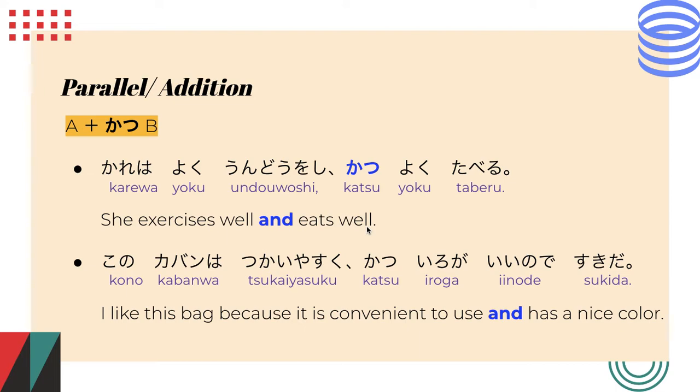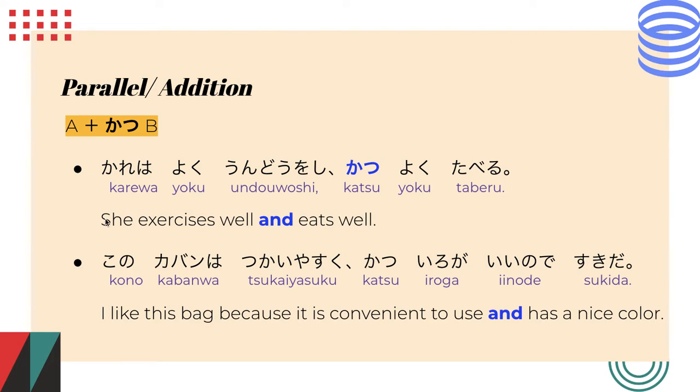To say this in Japanese, we would say, 彼はよく運動をし、かつよく食べる。Sorry for my typo.